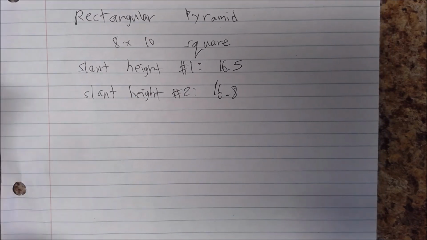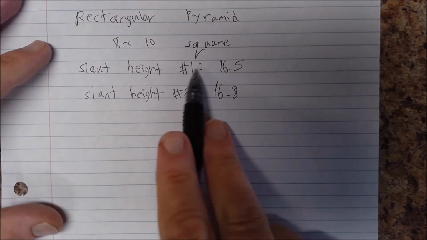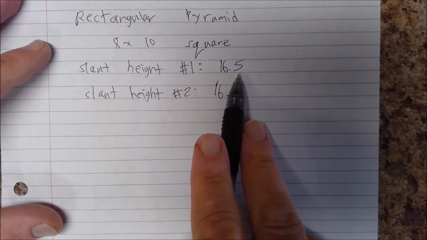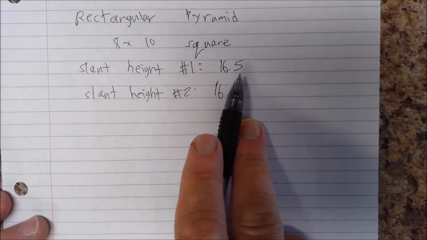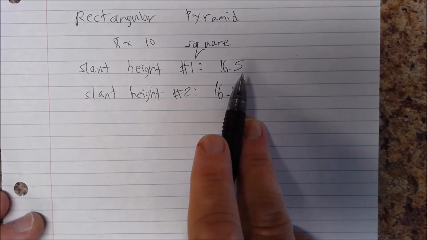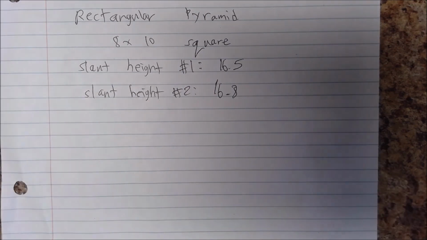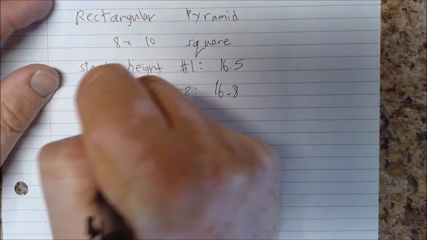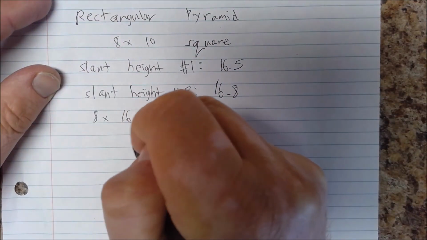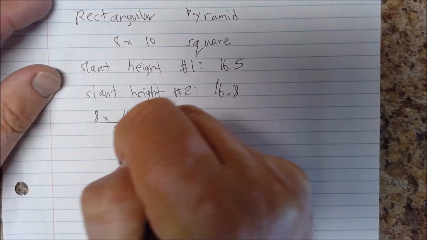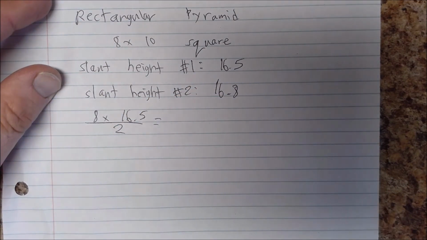Let's do it. So slant height number 1, the first set of triangles. The base of those triangles is 8, right? So the first set: 8 times 16.5 divided by 2, base times height divided by 2.